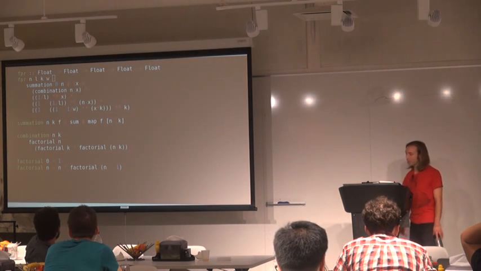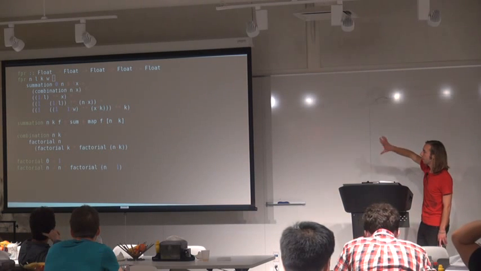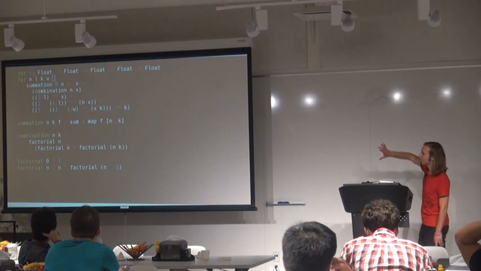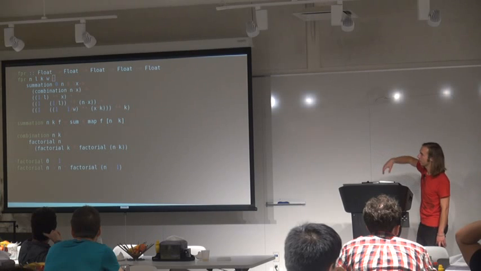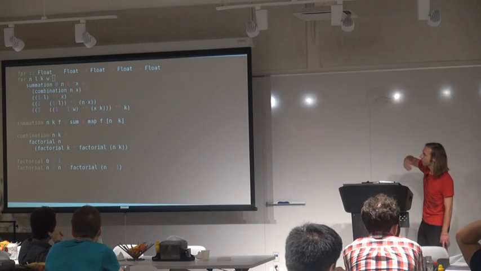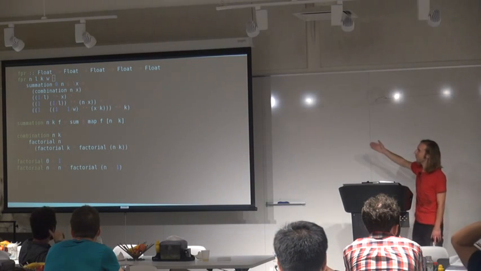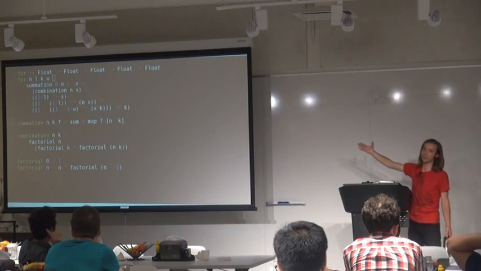So this is the translation directly into Haskell, and it's nice. It's pretty readable. If you're familiar with that notation, you'd probably be able to see it's correct, hopefully. So, question time. Can anyone tell me things that are wrong with this?